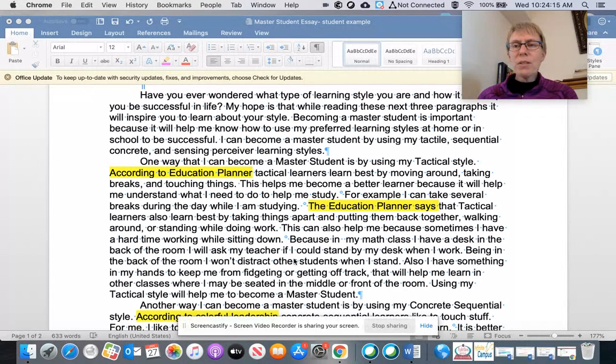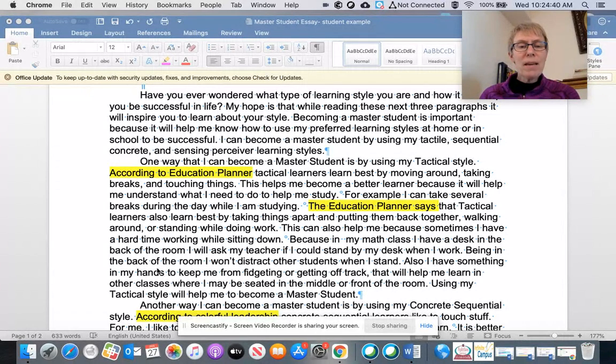Notice this is going to be that personal connection part that you are doing in your research packet where it says, what are your connections or what are your thoughts? So that's what's happening here. "This can help me because sometimes I have a hard time working while sitting down. Because in my math class I have a desk in the back of the room, I will ask my teacher if I could stand by my desk when I work.